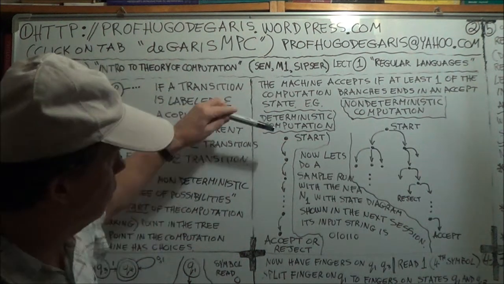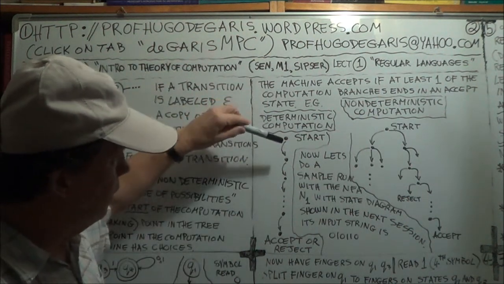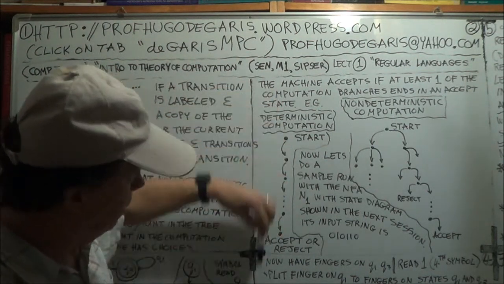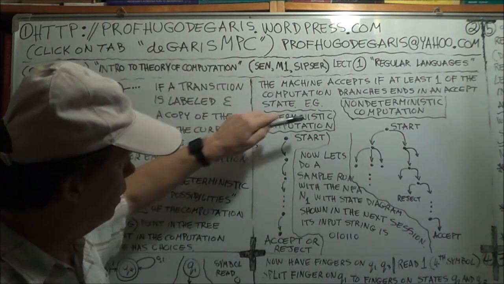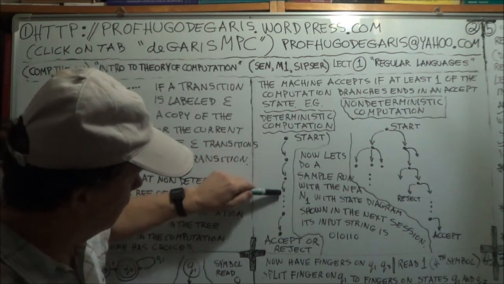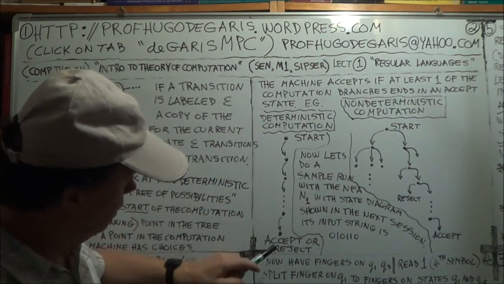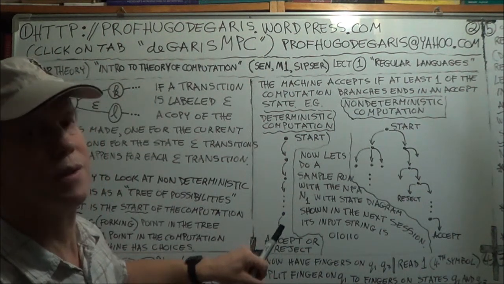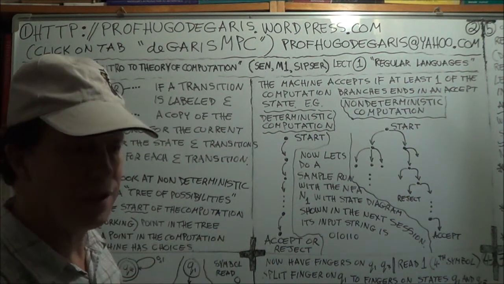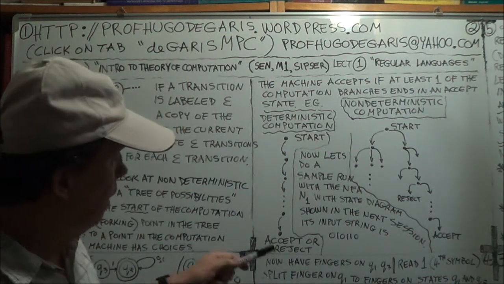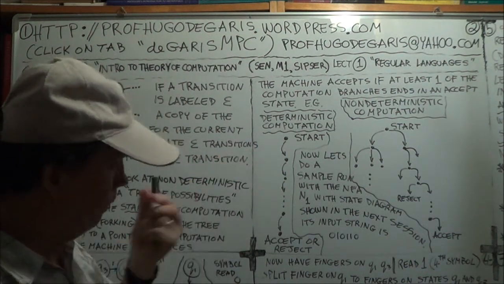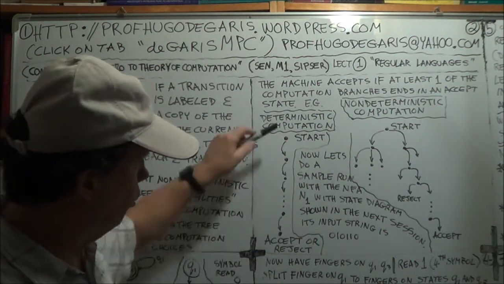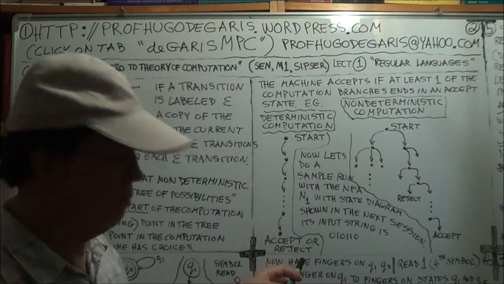Okay? So if you look at the history of transitions of states, if you start here and time goes down this way, then in deterministic computation you just go from one state to the next, right? Until you get to your final state, and then depending on whether the final state is in your set of accept states or not, the DFA, because this would be a deterministic machine, either accepts or rejects.